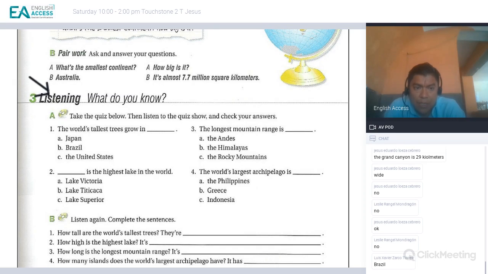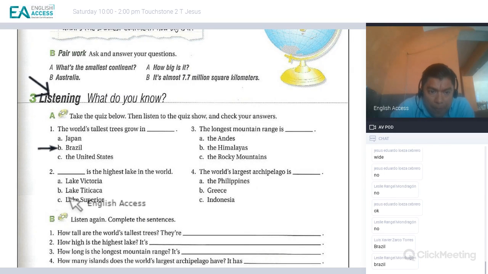Okay, Luis Javier thinks Brazil. All right, so this is our opinion number one. I think in Brazil. Brazil too? So we have two opinions that Brazil. And Leslie thinks Brazil. And number two, blank lake is the highest lake in the world.